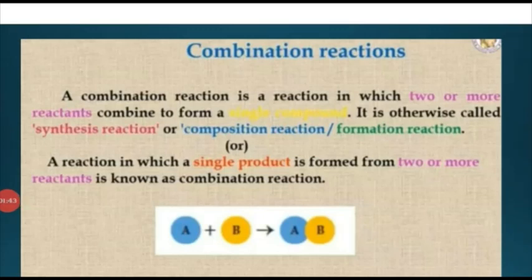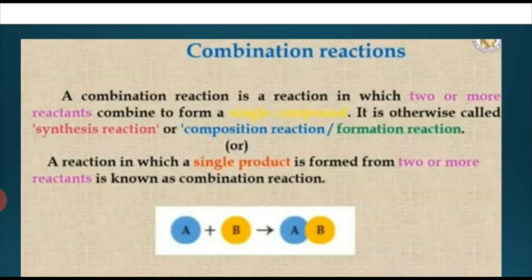What is a combination reaction? It is a reaction in which two or more reactants combine to form a single compound. It is otherwise called synthesis reaction or composition reaction or formation reaction. Okay, you can see the picture.